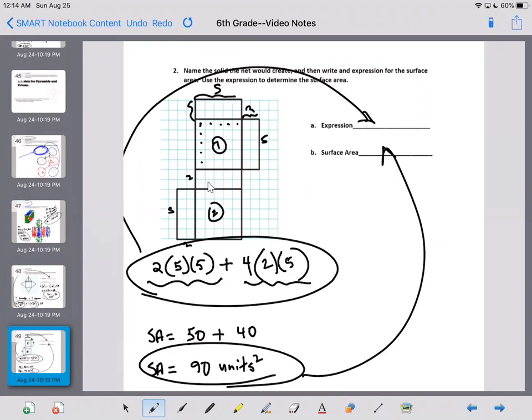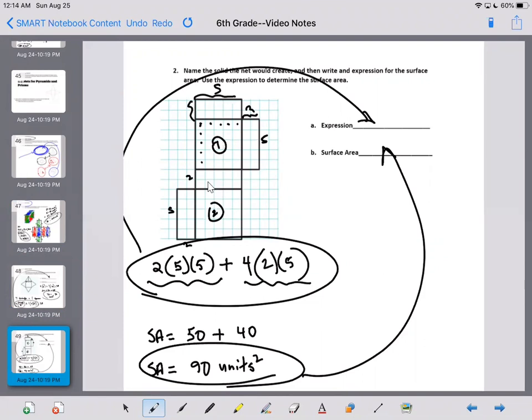So with this last part of part 2 of our video series, we did look at some different volumes, and you were given volumes and you had to find maybe the base, you had to find the height, so we were kind of working in reverse. Or you were given the packing cubes one where you were given the length, width, and height in fractional notation, and you were given the smaller cube in a fractional length, trying to figure out how many of those would fit into the package to find the volume.